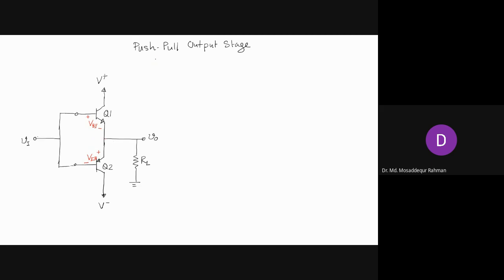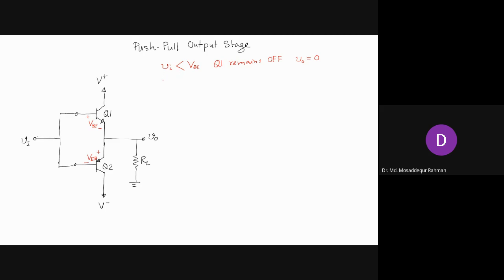So to have an output voltage, you see that if Vi is less than VBE, if Vi is less than this forward bias voltage, Q1 remains off, and V0 is 0, right?